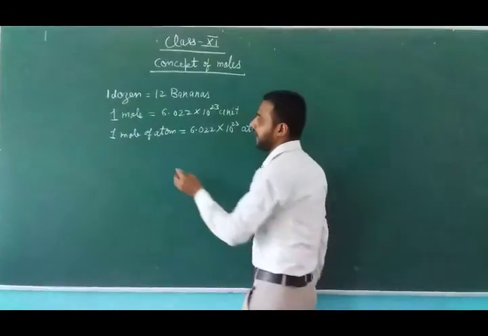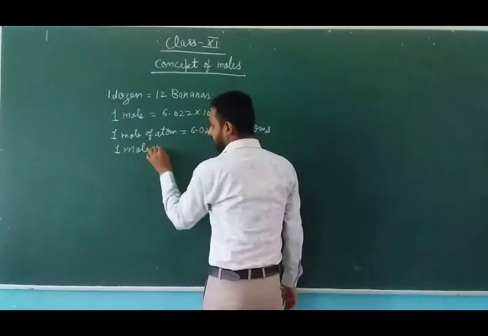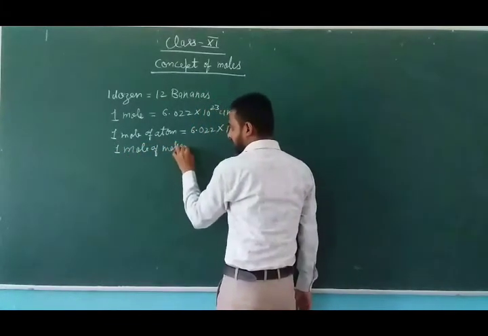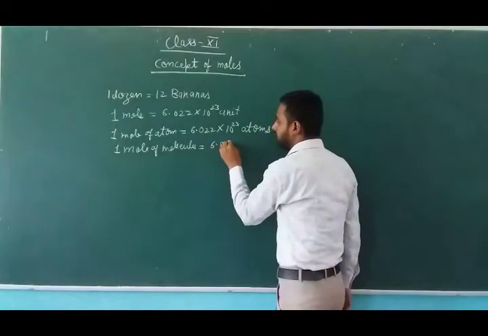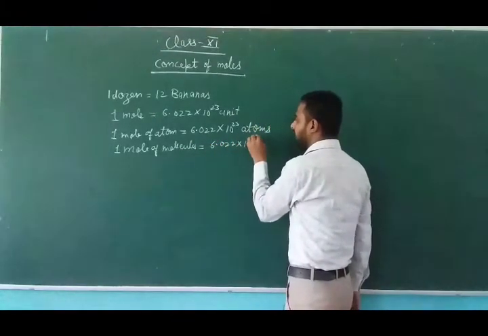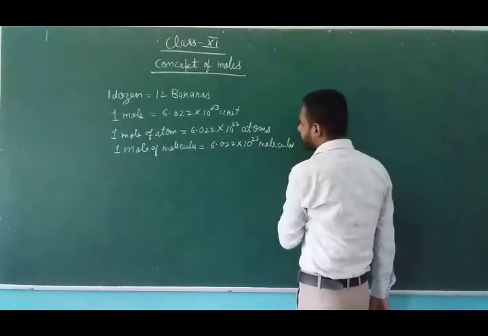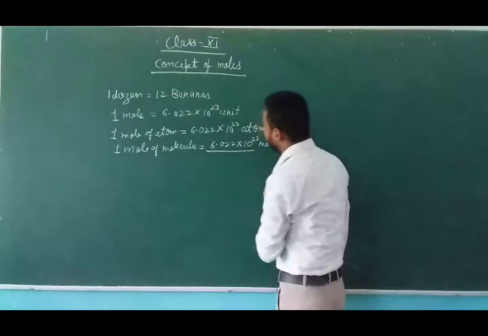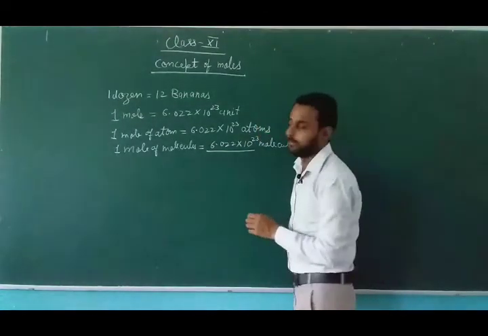And if we have 1 mole of molecules, then it means 6.022 into 10 to the power 23 molecules. What is this? 6.022 into 10 to the power 23. This is known as Avogadro number.